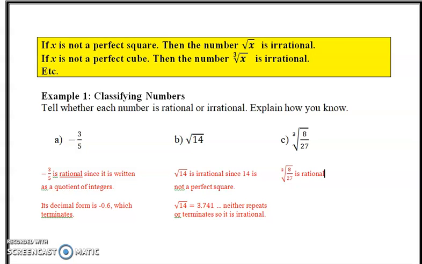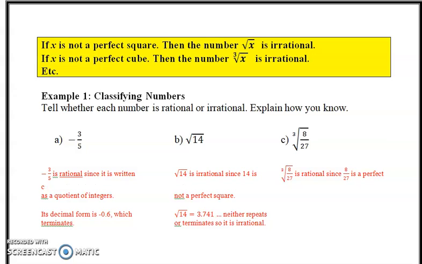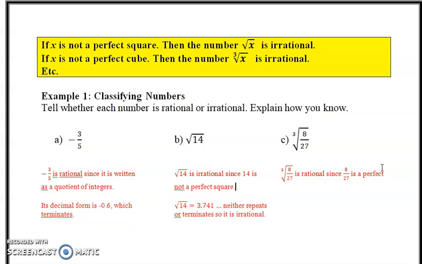At first it might look like it's irrational, but it is rational since 8/27 is a perfect cube.